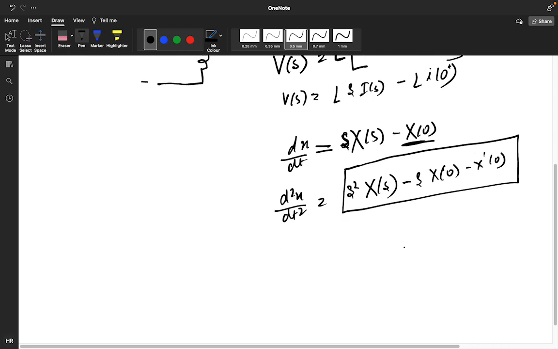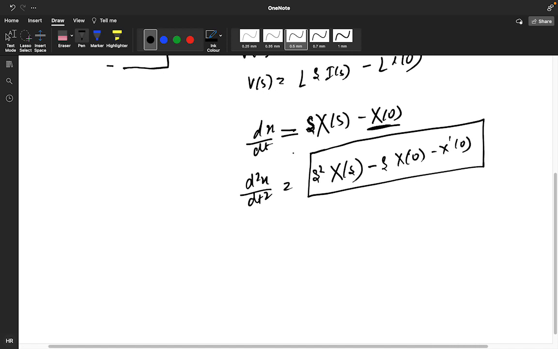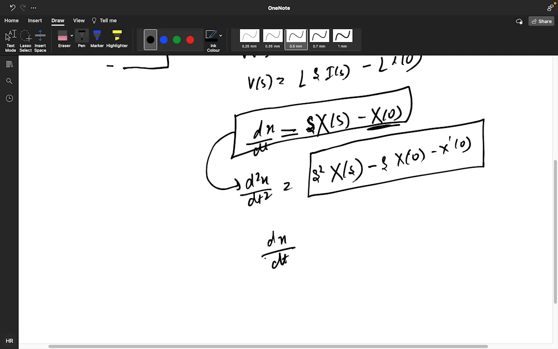Okay, how so? I will tell you. See, if you remember this formula now, this formula can be derived from this. So this is our dx by dt, and we are doing differentiation d by dt again. What is the Laplace transform of this? S X of S minus x of 0, right?